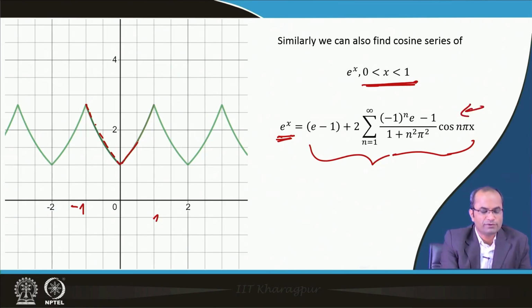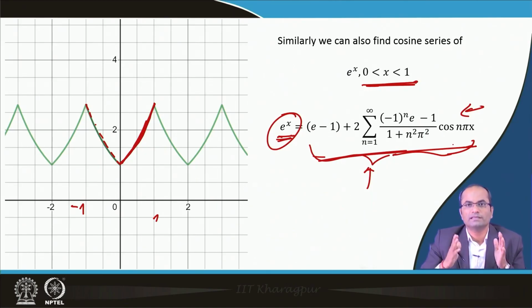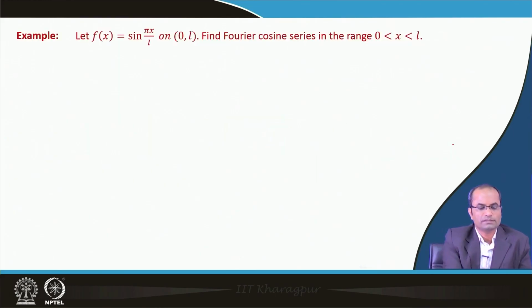The same function e power x is now represented by pure cosine terms, but it is also converging to the same exponential function. So, we have e power x completely in terms of cosine. In the previous slide, e power x was written in purely sine terms. Well, so we can proceed now to another example.